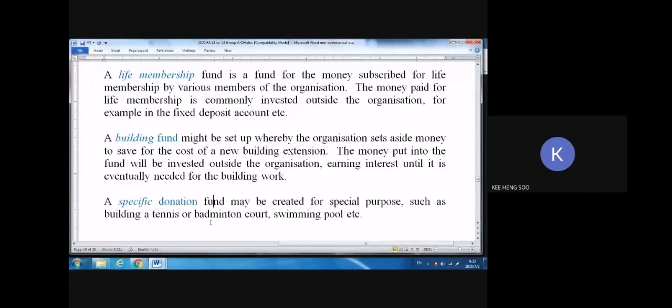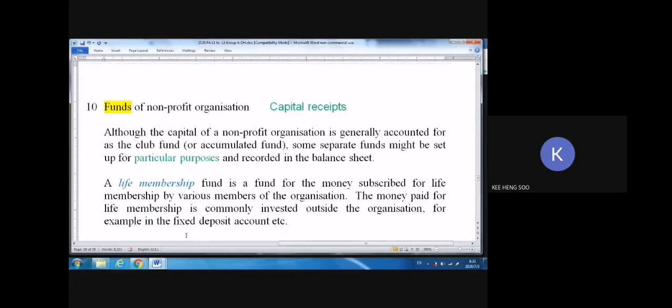So this 100,000 comes to TAR, and it cannot be used for other purposes. This money can only be for the student loan fund. What we can do is collect the money and put it in a fixed deposit. From the fixed deposit, we generate the income, the interest, and the interest we give to students as a loan fund. You got it? So that is how a fund created by a non-profit organization is called capital receipt.